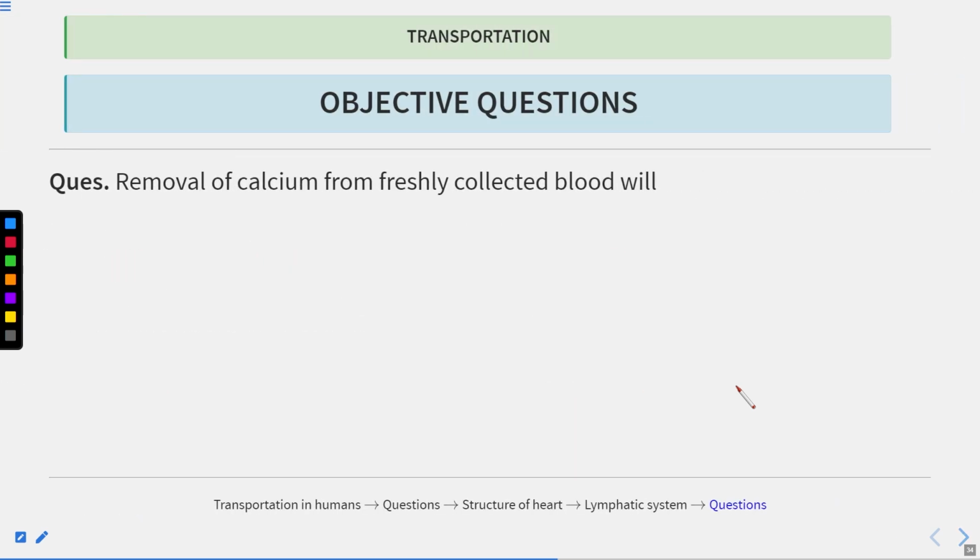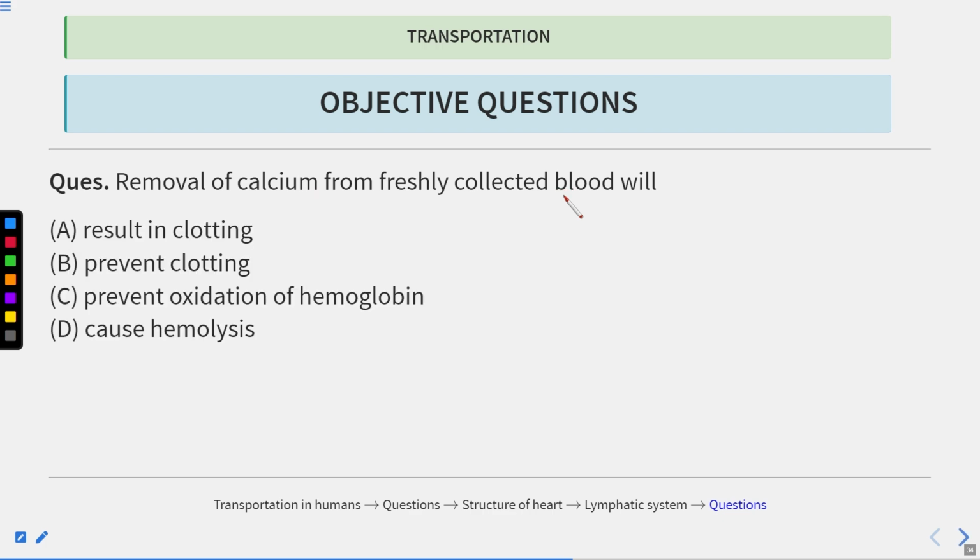The next question is, the removal of the calcium from freshly collected blood will, okay, then what will happen? The options are result in clotting, prevent clotting, option C prevent oxidation of the hemoglobin, or option D cause hemolysis. We have discussed the process of clotting.